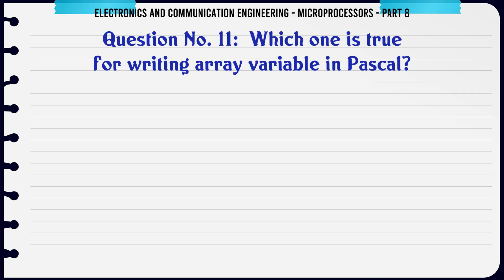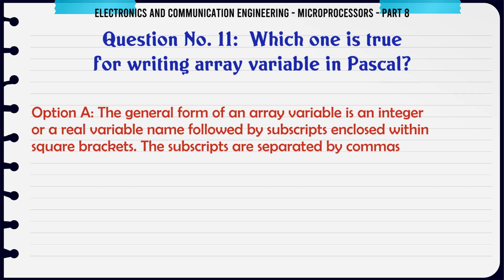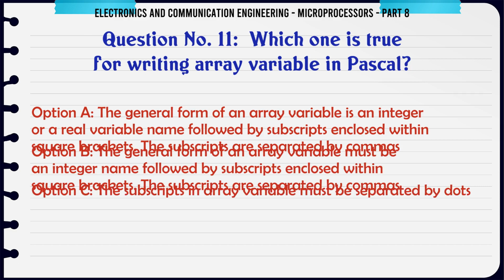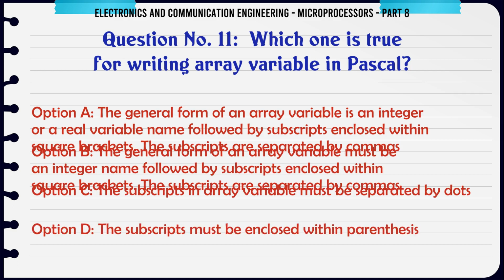Which one is true for writing array variable in Pascal? A, the general form of an array variable is an integer or a real variable name followed by subscripts enclosed within square brackets. The subscripts are separated by commas. B, the general form of an array variable must be an integer name followed by subscripts enclosed within square brackets.